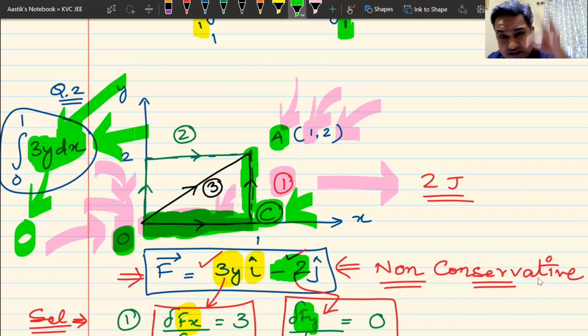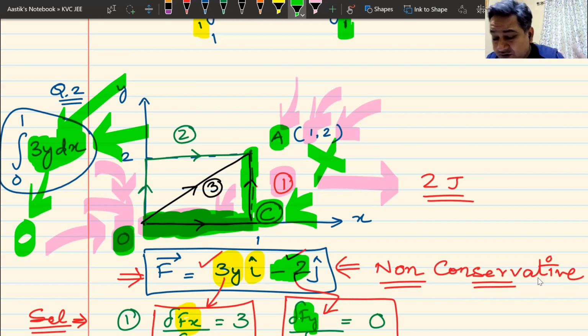dx means change in the value of x. From C to A, does the value of x change? The answer is no, sir. From C to A, the value of x does not change because x is a constant.